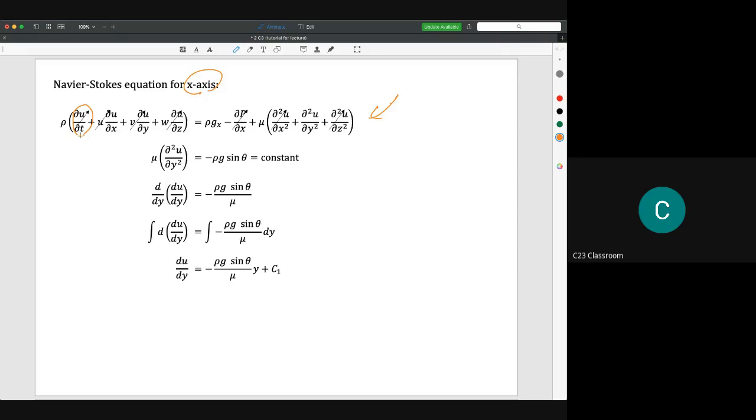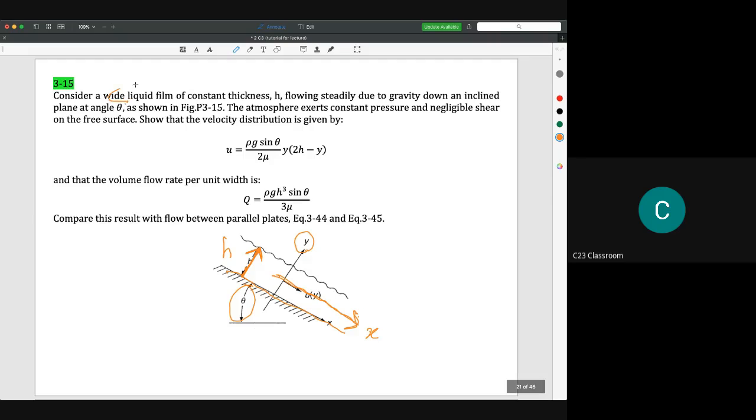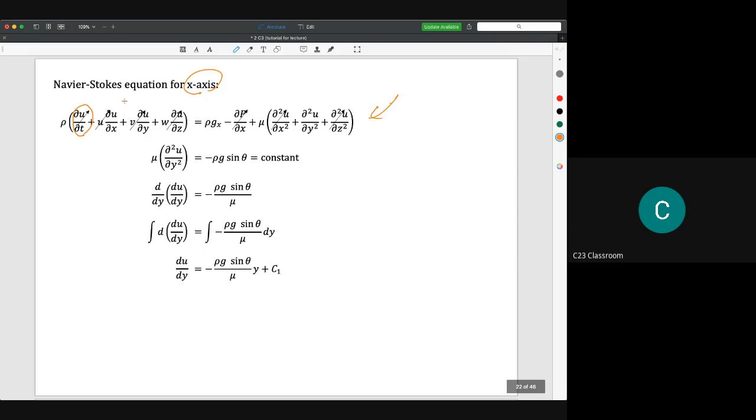Because it is a very wide liquid, the velocity components v and w can be neglected, and we also say that du/dx is equal to 0. Because it is steady, all the terms on the left hand side will equal 0.